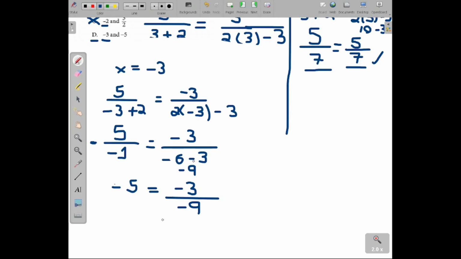Negative divided by negative is positive, so the answer has to be positive. We can divide by 3. 3 divided by 3 is 1. 9 divided by 3 is 3. So positive 1 divided by 3. Now, is it equal to negative 5? No. No way. So D is not the right answer.